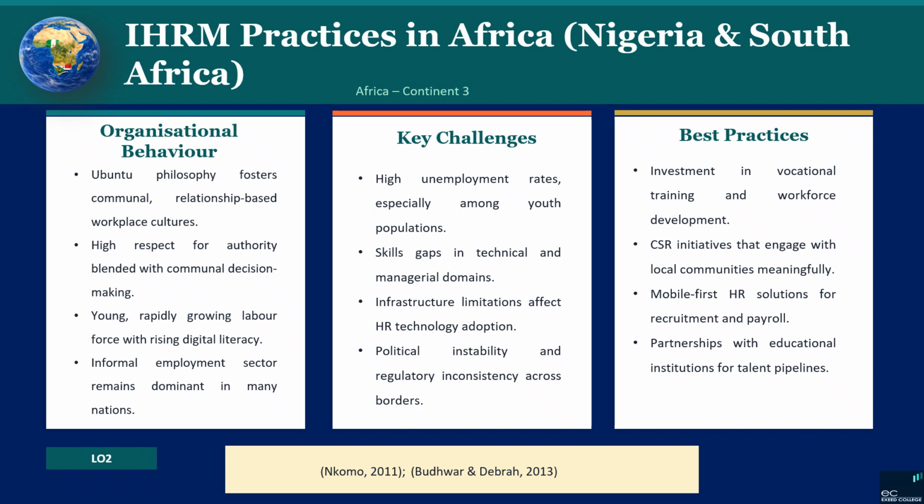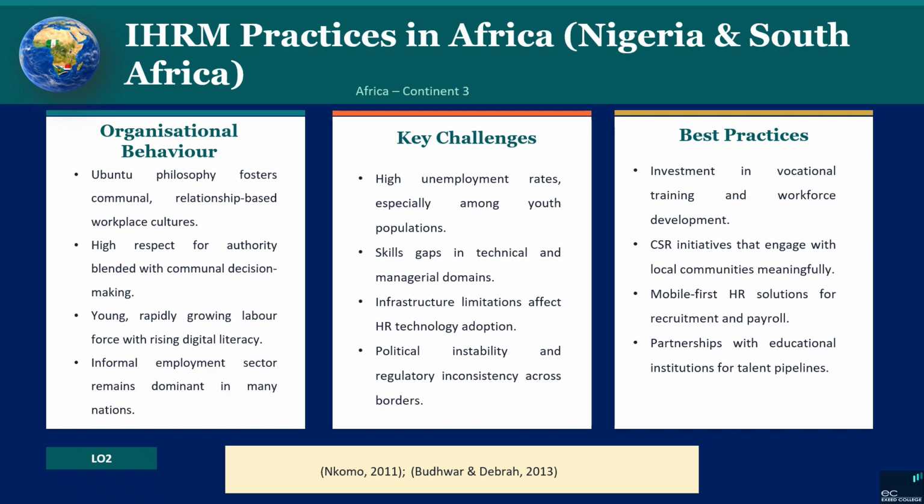The workforce is young, digitally skilled, and many workers are in the informal employment sector. The key challenges include high youth unemployment, which means that many young people struggle to find jobs, creating a talent shortage in the market. Skill gaps in technical and managerial skills make it difficult for companies to find qualified employees. Limited infrastructure slows HR technology adoption. There is also political instability with inconsistent regulations.